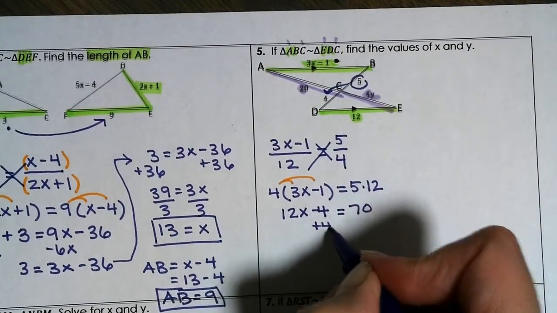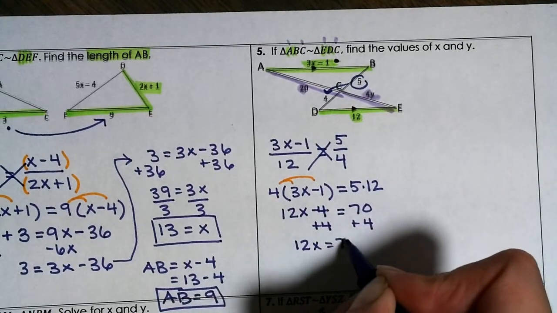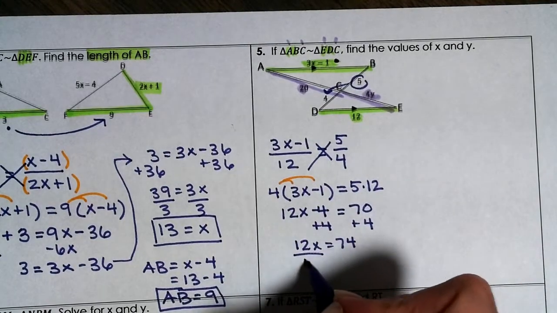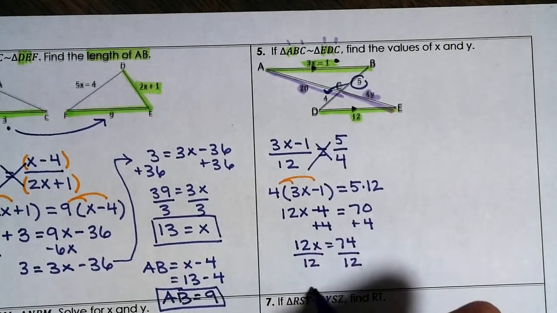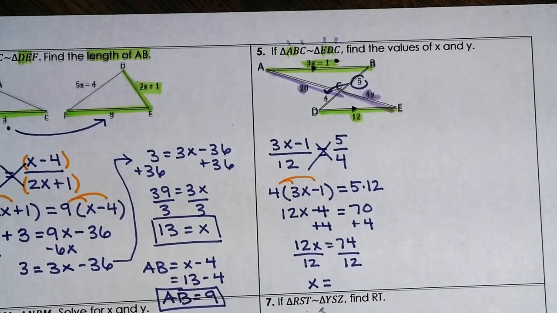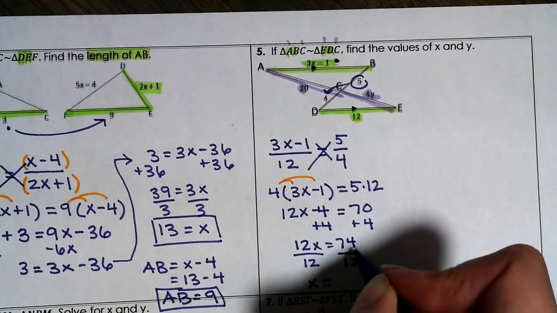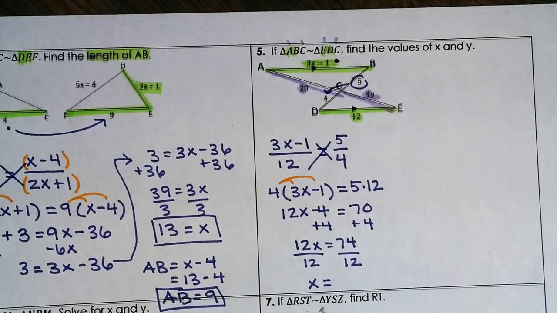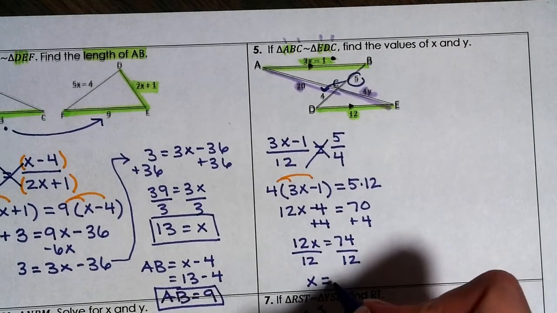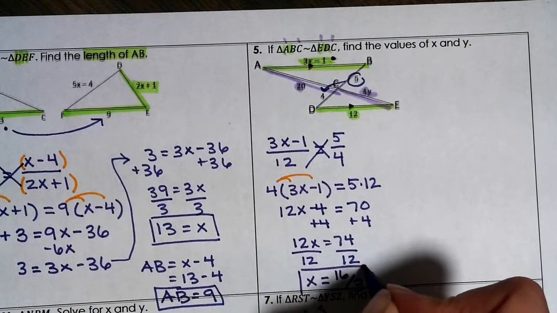So I add 4 to each side. Divide by 12. And I get that x is equal to, if I were to simplify this, I would get a decimal. So let's see. When I simplify, that's going to be 16 over 3. And we can leave it like that.